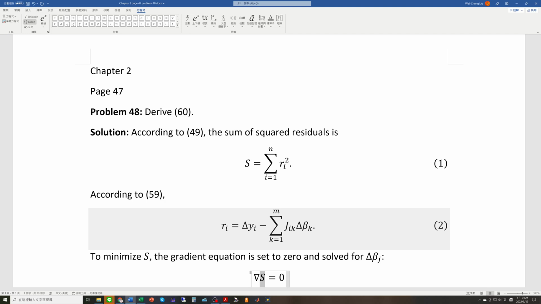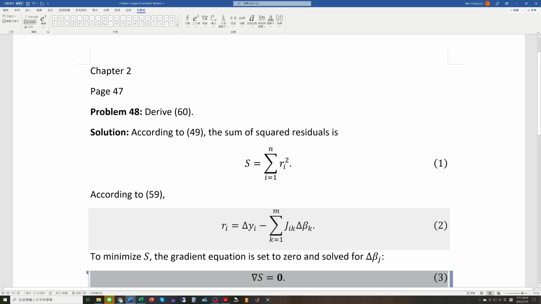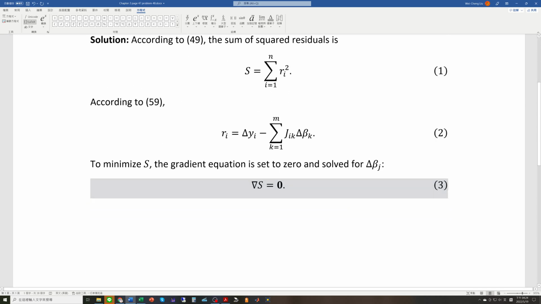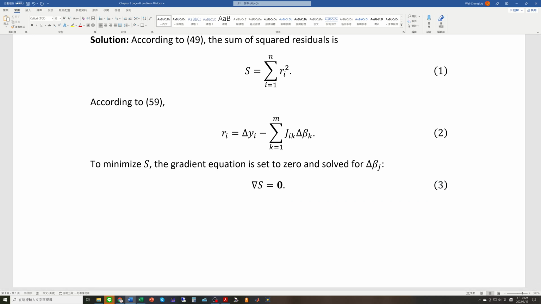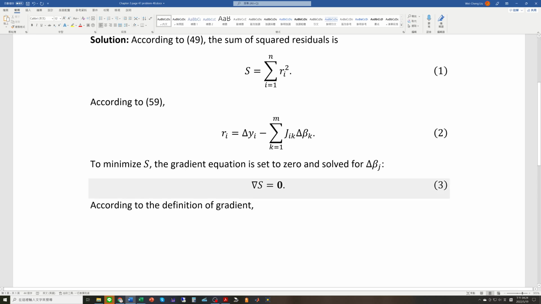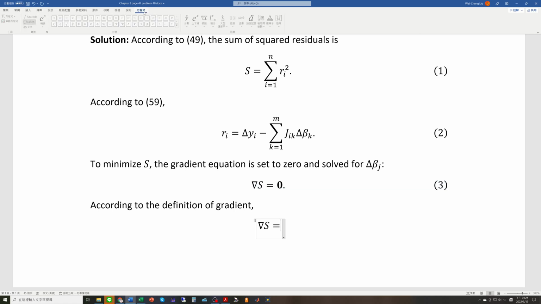S should be italic and the vector should be bold. So this is equation 3. So gradient of S is equal to 0. According to the definition of gradient, the gradient is equal to a vector.